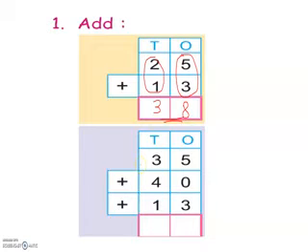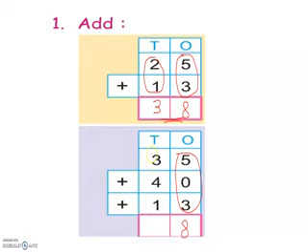Now we can add 3 two-digit numbers. 35 plus 40 plus 13. First we have to add ones place digits. 5 plus 0 plus 3. 5 plus 0 is 5. Then 5 plus 3 is 8.